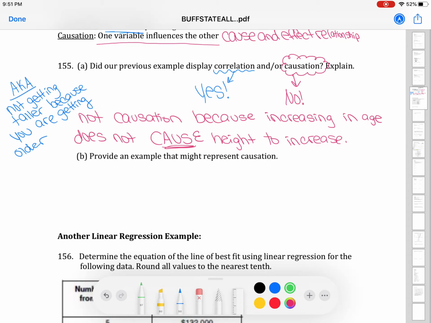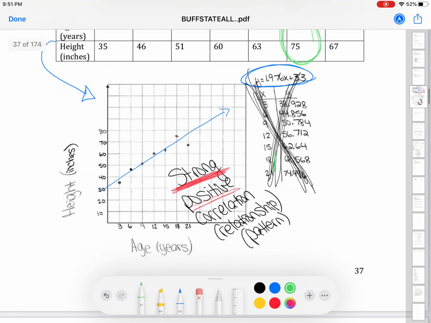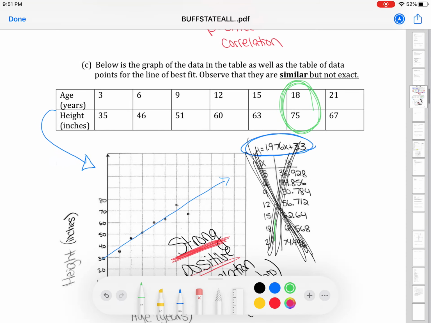Something else that might help you determine the difference between the two: within our data, as age increased, height increased, but we only went up to 21 years old. What typically happens around 18 to 21 years old?